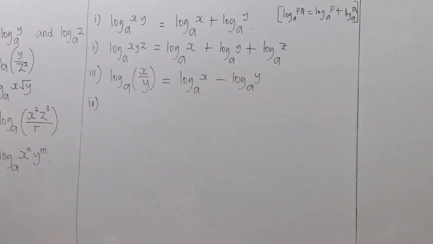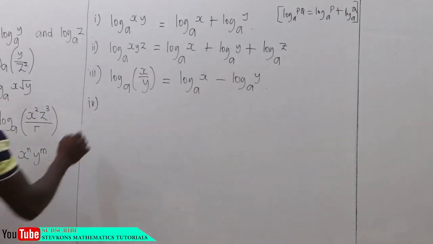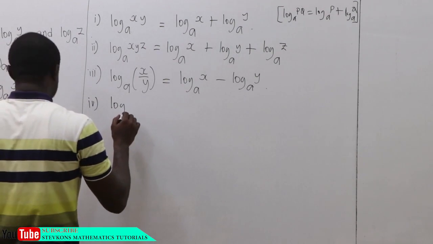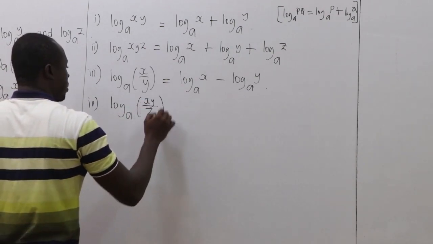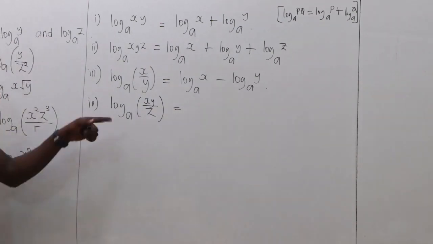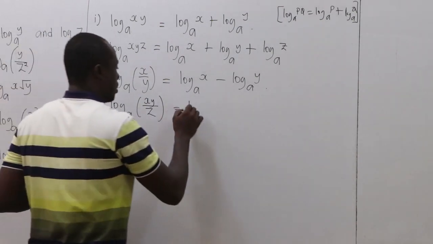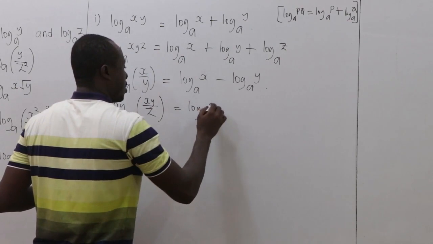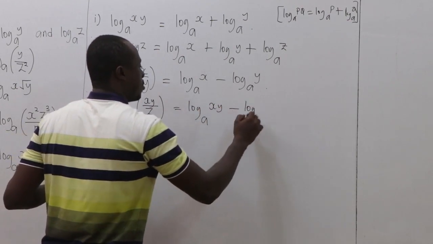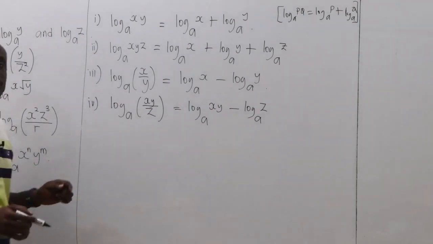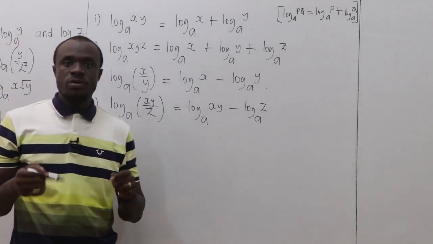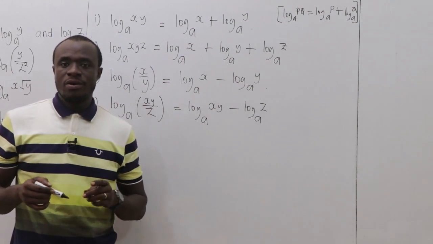Now let's see the fourth one. The fourth one, we have log a of xy over z. Clearly we are dividing. So this is the same as log a of xy minus log a of z. Well, if you have log a of p over q, it is equal to log a of p minus log a of q.